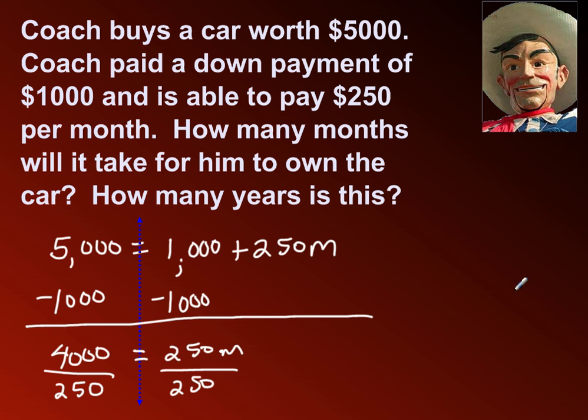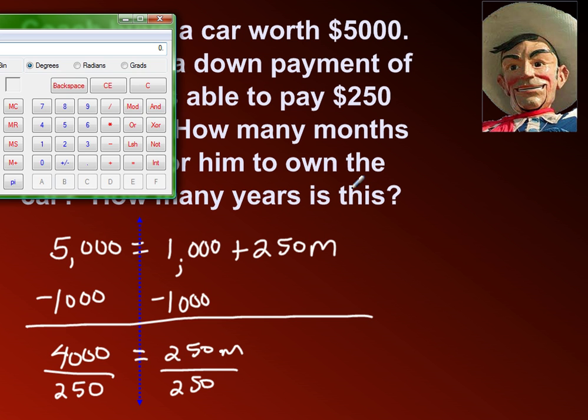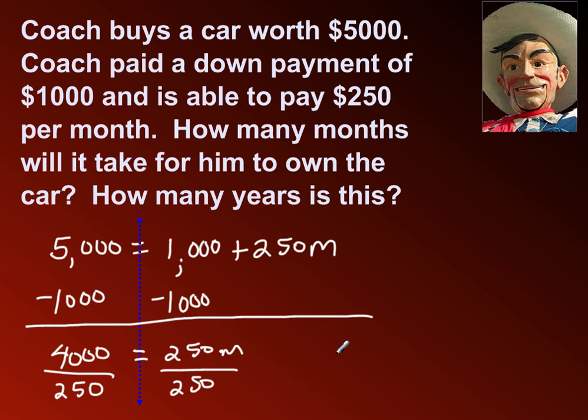So 4,000, let me get my calculator. 4,000 divided by 250 is 16 months. So my M is 16 months.